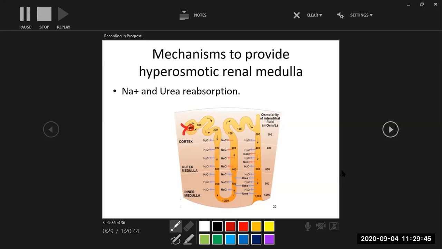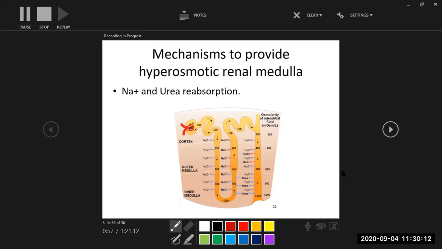It opens the aquaporin channel. However, when we open the aquaporin channel, water can diffuse either way, right? It can diffuse into the tubule or it can diffuse back to our body. The reason that it diffuses back to our body and we reabsorb it is that here is an environment of high osmolarity, that is the inner medulla.